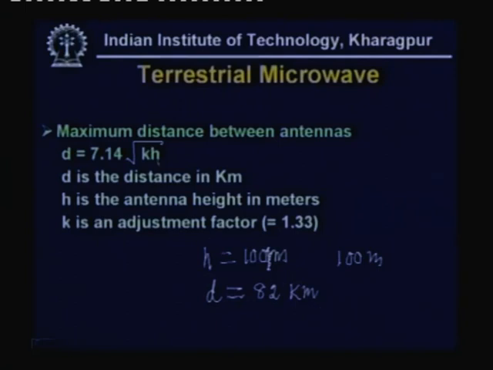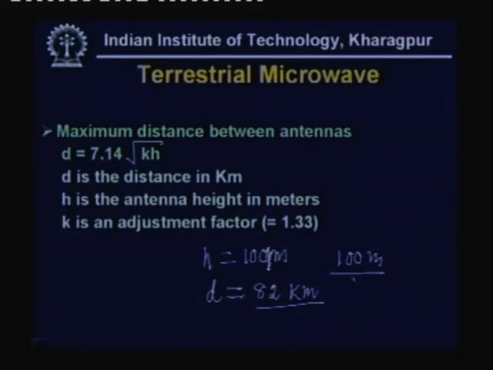Here the antenna height is in meters and the distance is in kilometers. That is why you will find repeaters at about 60 to 80 or 100 kilometer distance, because antenna height is typically around 100 meters.